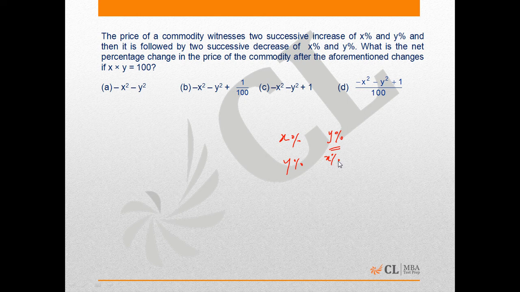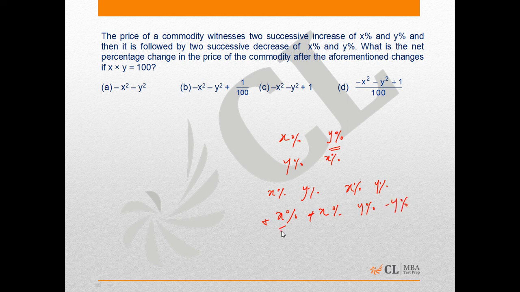The same can be applied here. There is an increase of x% and y%, and then it is followed by a decrease of x% and then y%. It can also be considered as an increase of x% and then a decrease of x%, and it is followed by an increase of y% and then a decrease of y%.